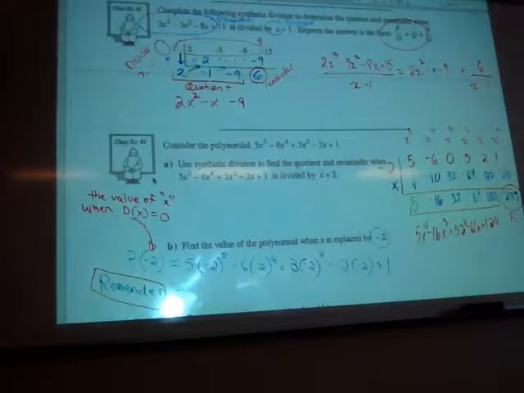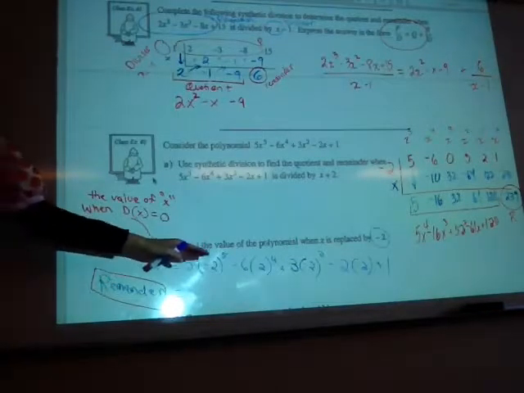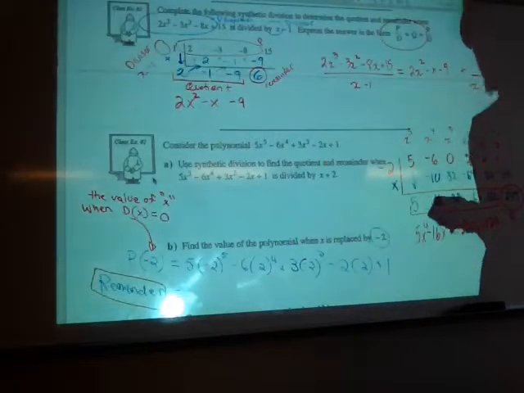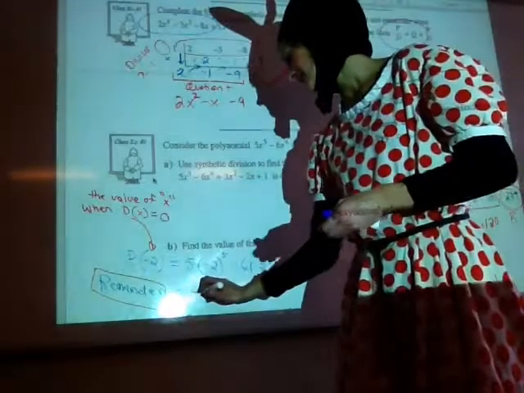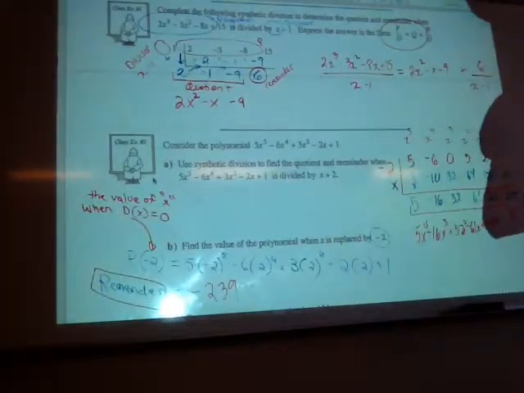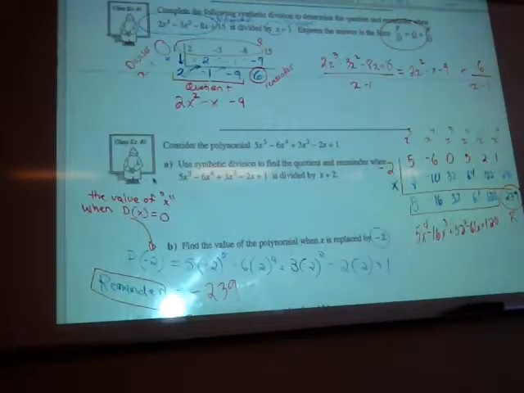Without cheating and looking at what we just solved for, make sure you actually calculate it out. Do you guys get negative 239? Brett's verified it. He's concluded, yes. Our remainder is negative 239. So that's just a shortcut.